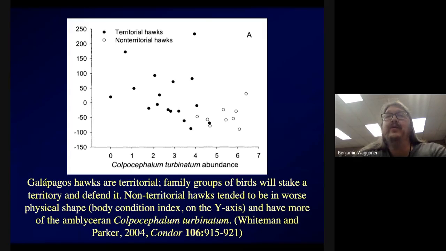Although it's possible it could go the other way around, that the more parasitized a hawk is, the weaker it gets and the less likely it will be able to defend a territory. So off the top of my head, I'm not sure of the direction of cause and effect. But this is neat that there is this correlation between parasite intensity, physical shape, and ability to defend a hunting territory.